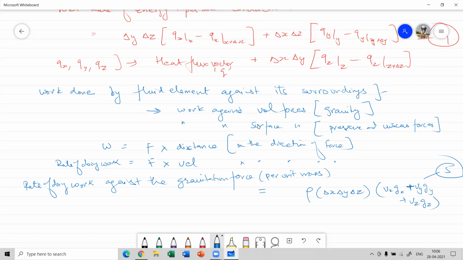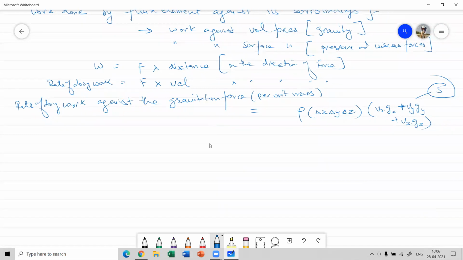Similarly, rate of doing work against the static pressure forces.